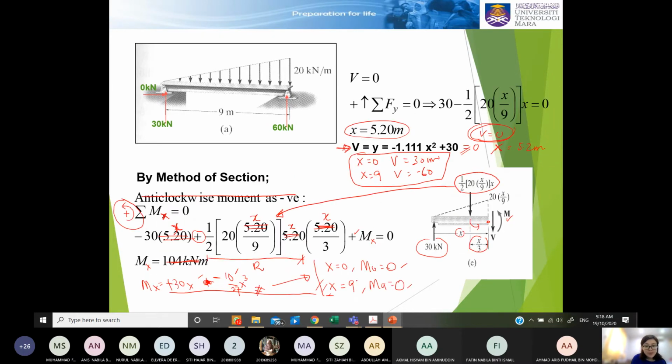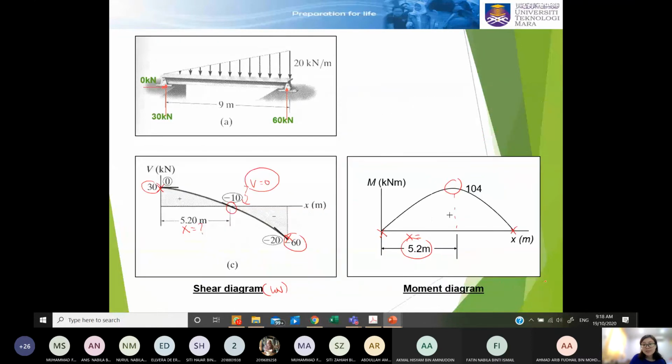When x equals 5.2, what is your moment at 5.2? Putting into this moment equation, you find that this is 104. Please try it later.